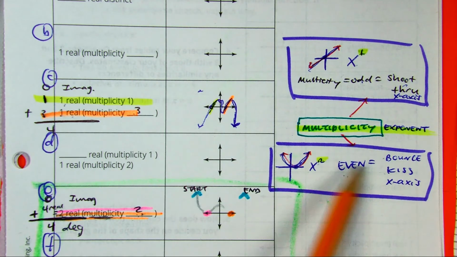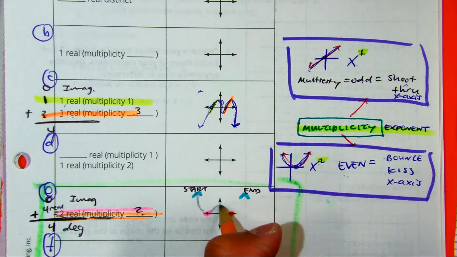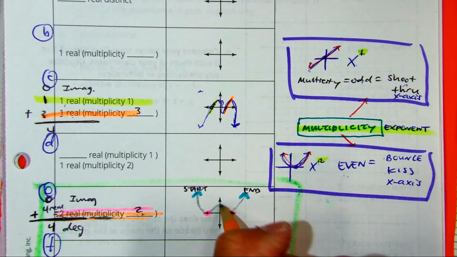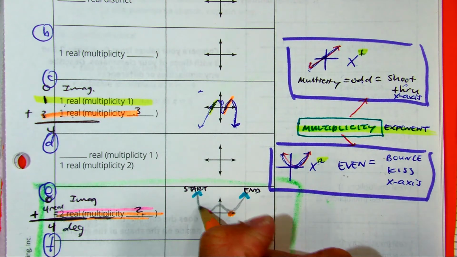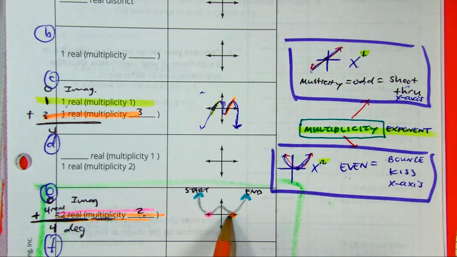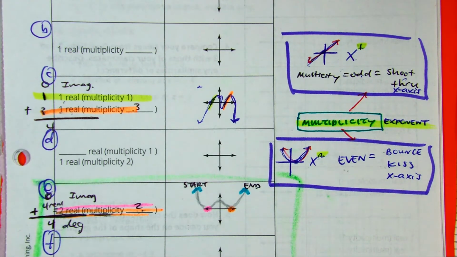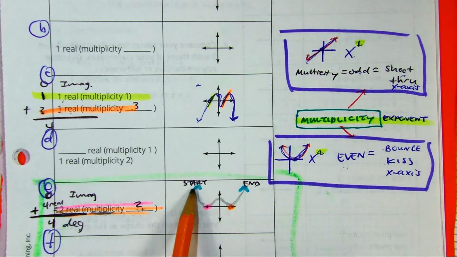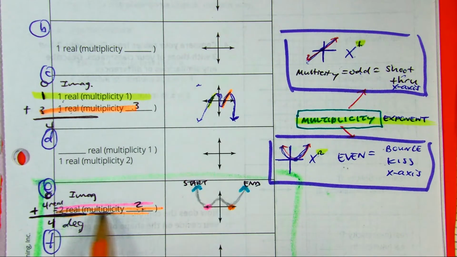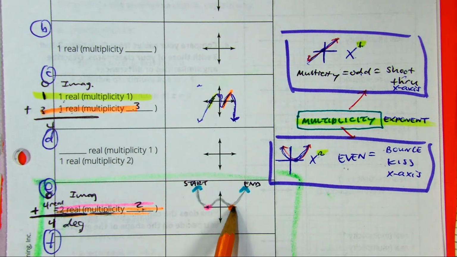We're going to bounce or kiss off the orange and end up at our blue arrow there. So this is my quartic function with 2 reals with a multiplicity of 2. Okay? So go left to right, have start and end, and then the number of real zeros and their multiplicity will tell you what's going to happen.